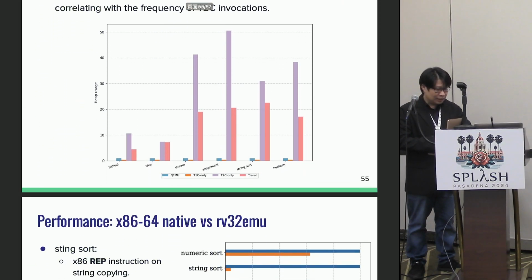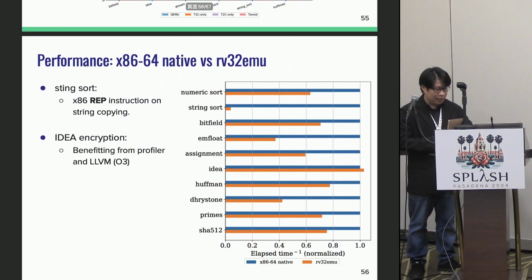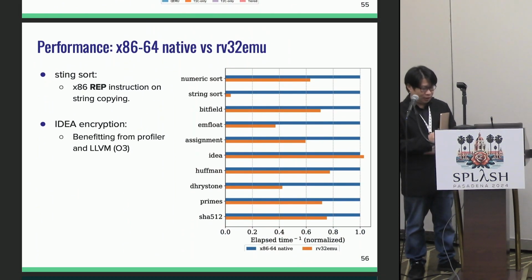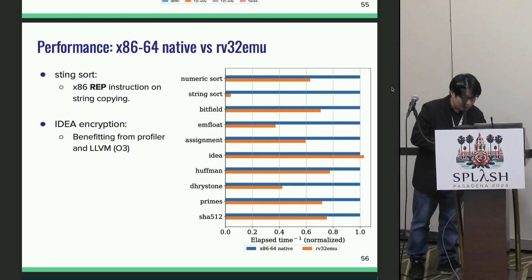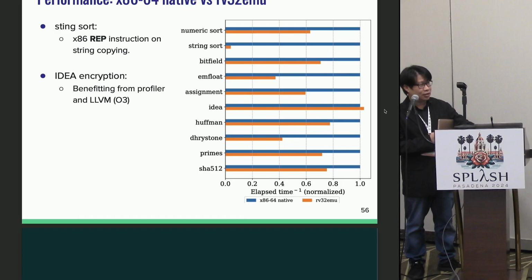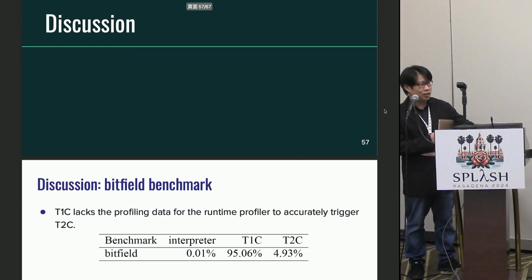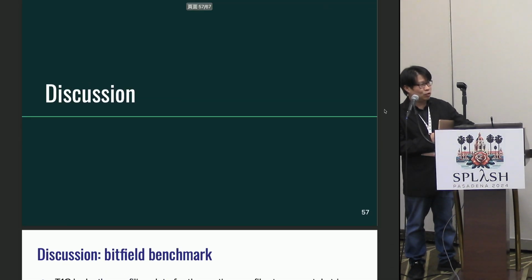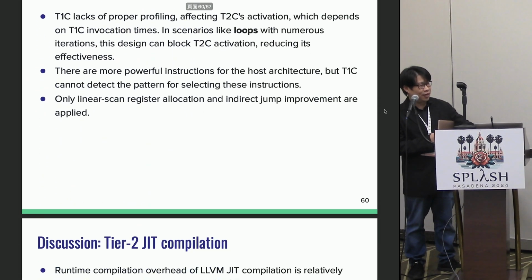And if you compare the work with the native execution, the result was promising. However, some items like floating-point emulation and string sort were not as good as we expected, so we need more work there.